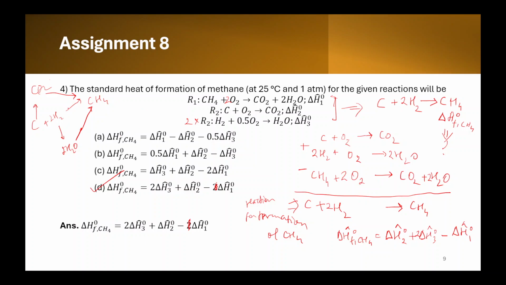So this is delta H1, this is delta H2, and this is delta H3.